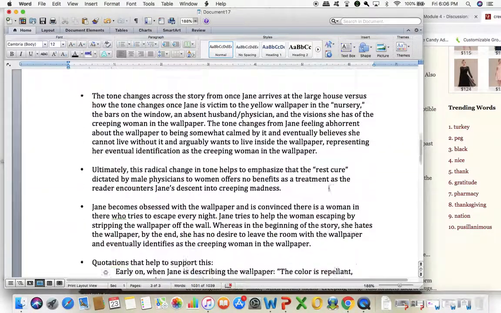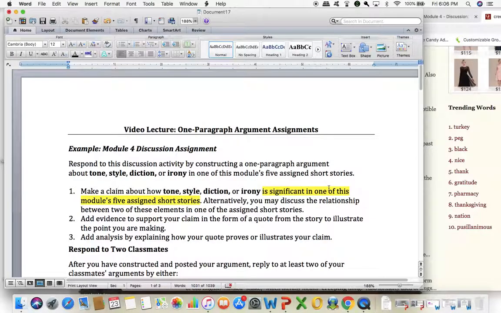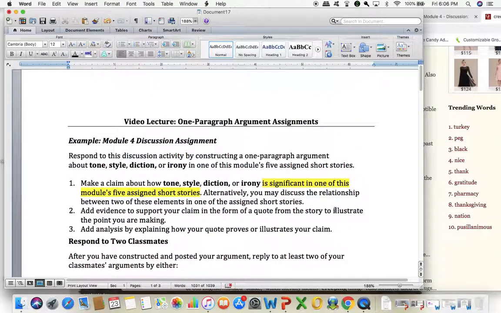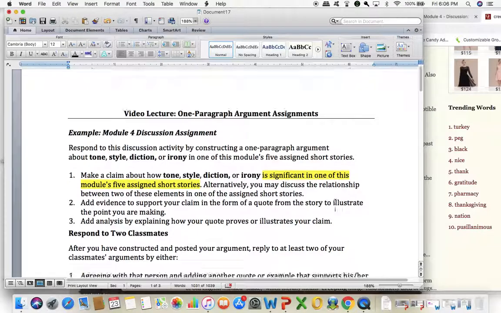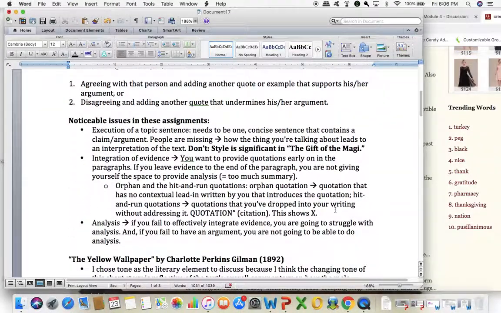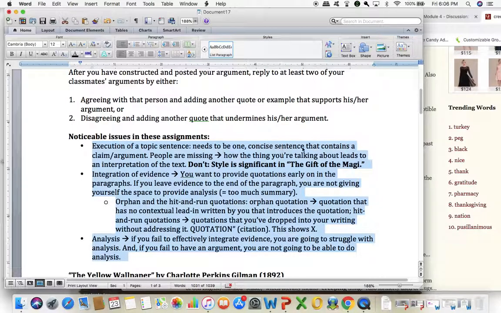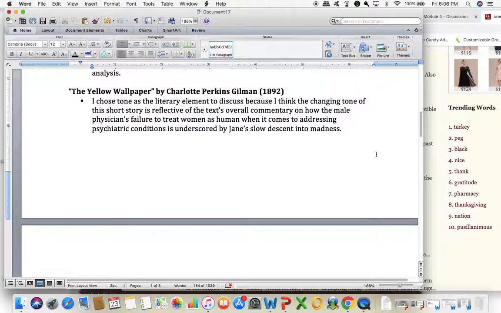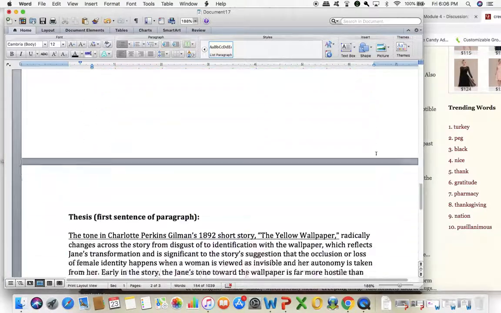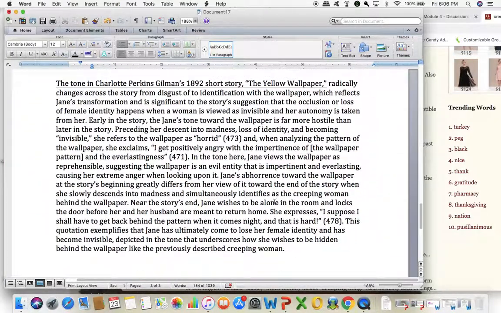So that is all I'm going to talk about. I just wanted to talk about how these discussion one paragraph arguments are going, provide some cumulative feedback on where I'm seeing some consistent issues, and then do an example that I almost finished, because I would just do a little more analysis after that.